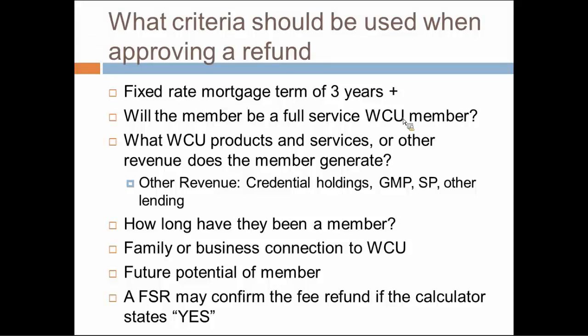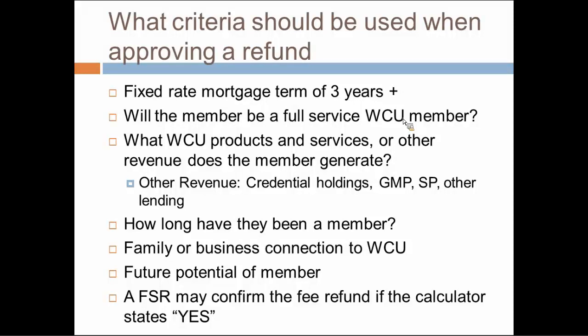You want to consider what Westoba products and services or other revenue the member generates. So other revenue examples may include credential holdings, so that's with financial planning, GMP, which calculates in that, single premium, so maybe they have a loan with us and there's single premium insurance on that, or other lending. Also payroll deposit, I think, is one of the most important things because that shows that they do their business with us.